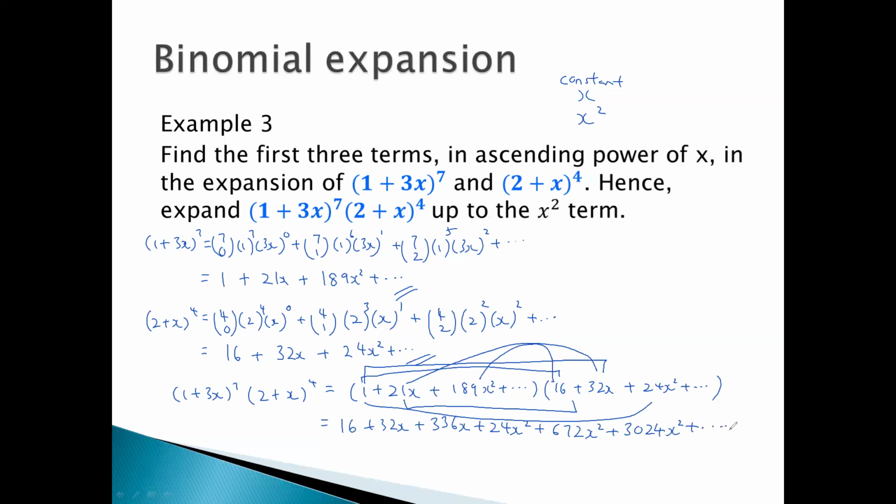So plus dot dot dot. 16 plus 32 plus 336, you get 368x, plus 24 plus 672 plus 3024. I get 3720 x squared plus dot dot dot. And there you go. I've expanded this up to the x squared term.